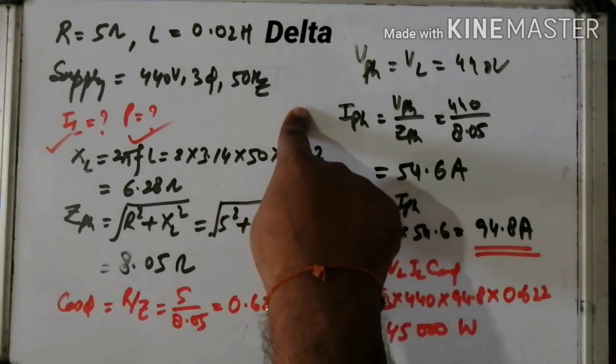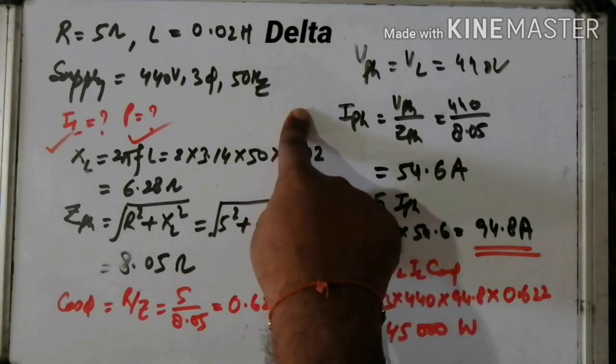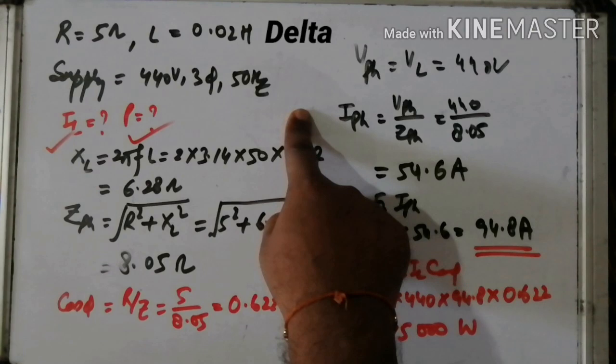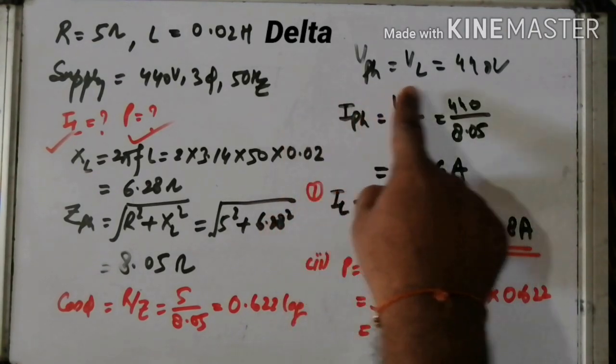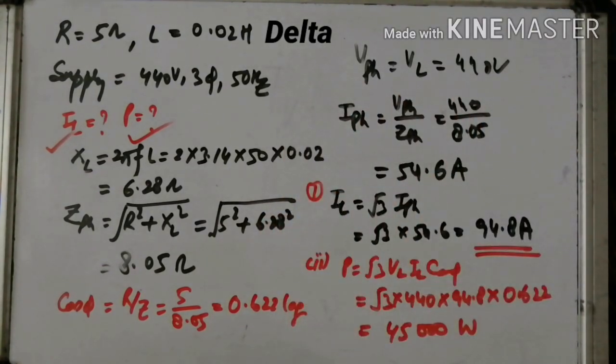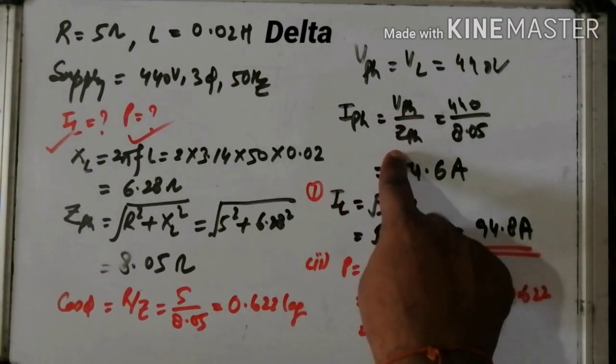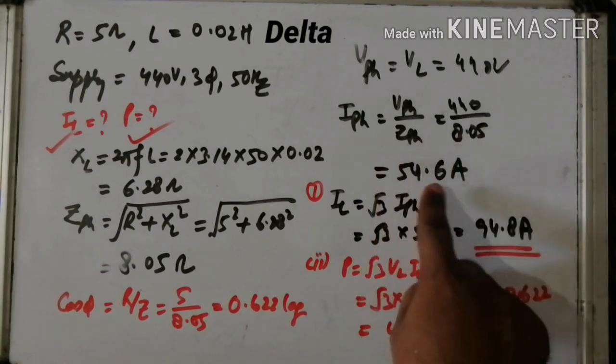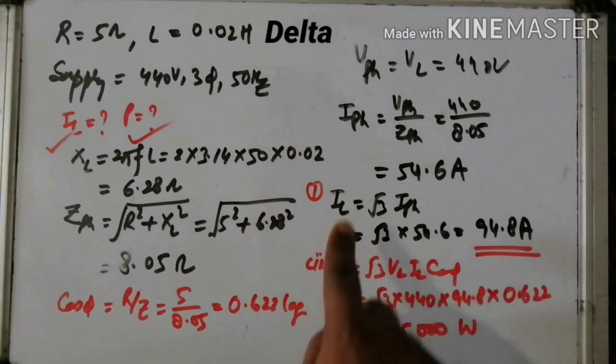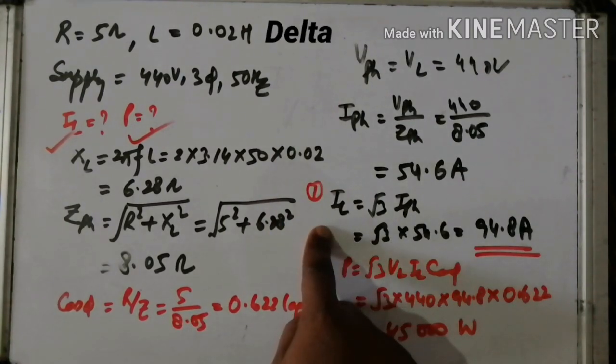In the case of the delta, line voltage and phase voltages are equal, so the value of the phase voltage is equal to the line voltage, that is 440 volt. We can calculate phase current with the help of VPH and ZPH, and it is 54.6 ampere. In the case of delta, line current is under root 3 times of the phase current.